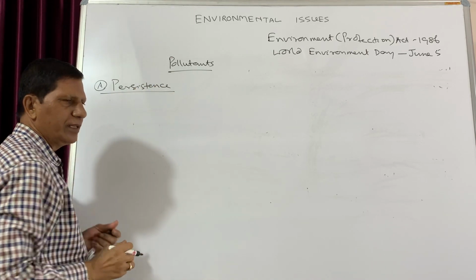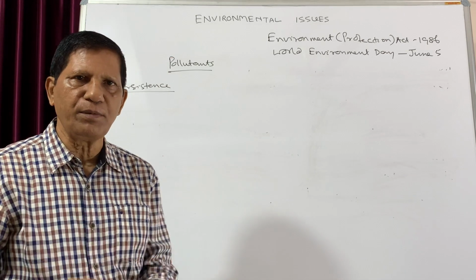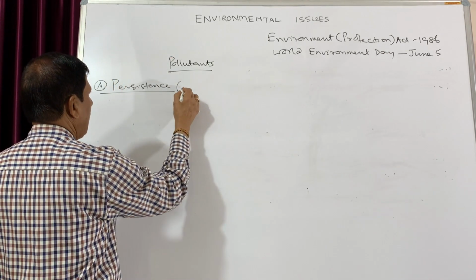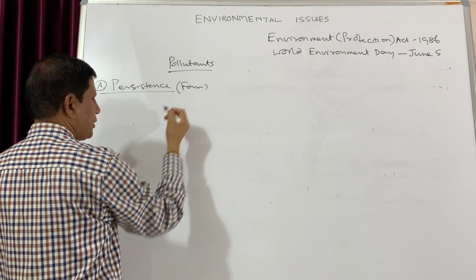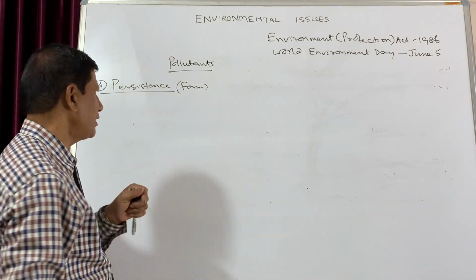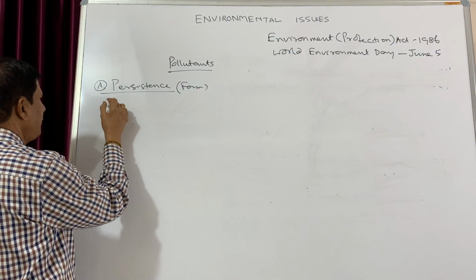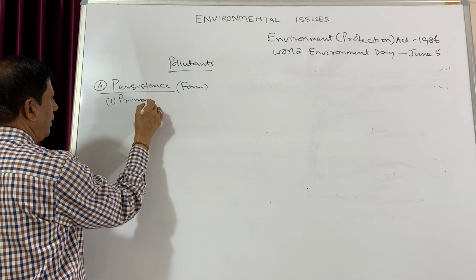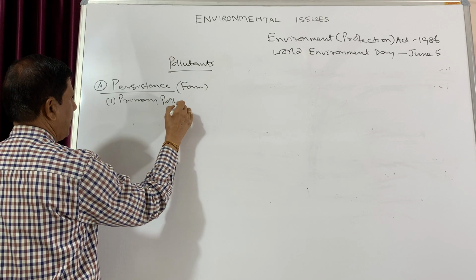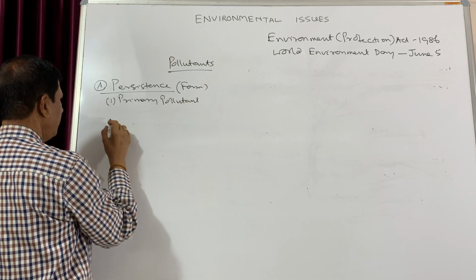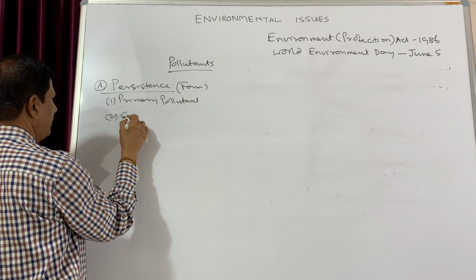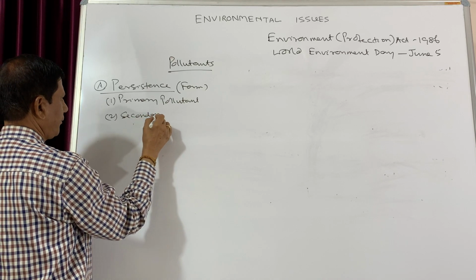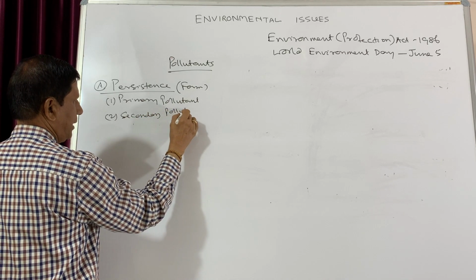Persistence means in what form they persist. So according to this persistence, there are two types. One is the primary pollutant, and the second is the secondary pollutant.